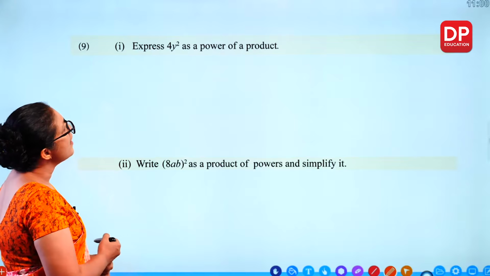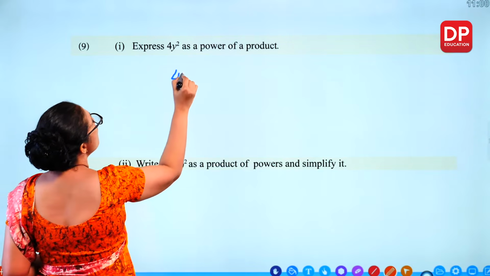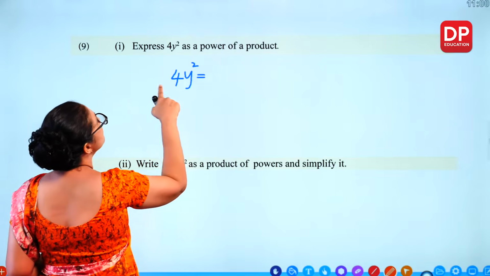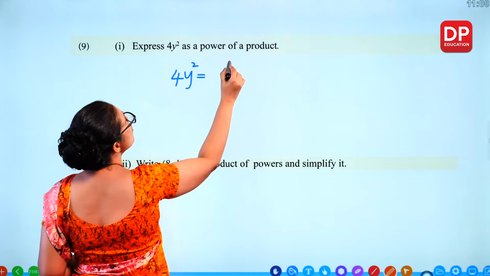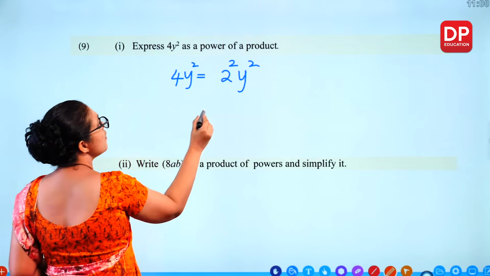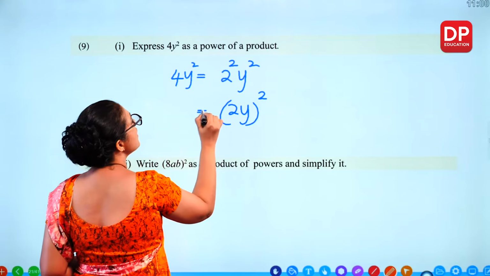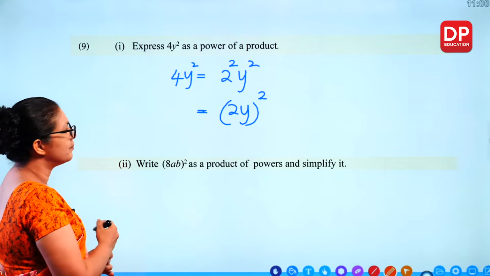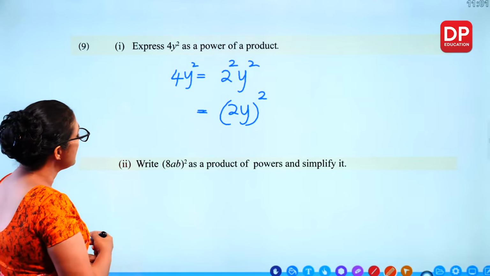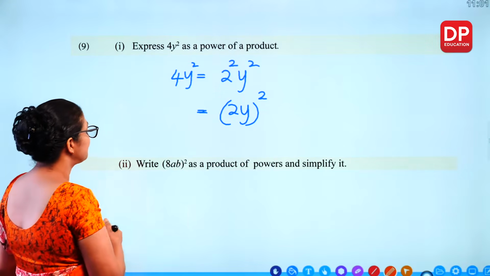Express 4y squared as a power of a product. 4y squared. So I can write 2 squared and y squared. 4 is 2 squared. Now same power. I can write (2y) whole thing squared. Write (8ab) whole thing squared as a product of powers and simplify it.